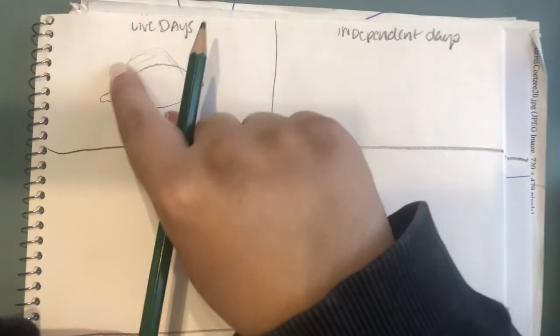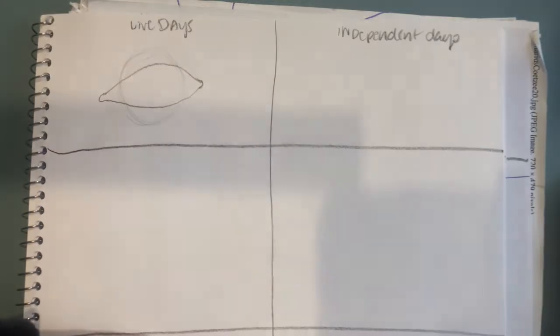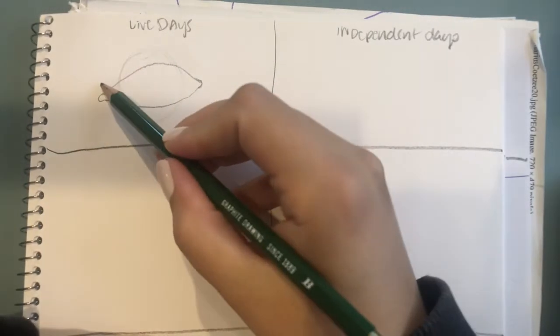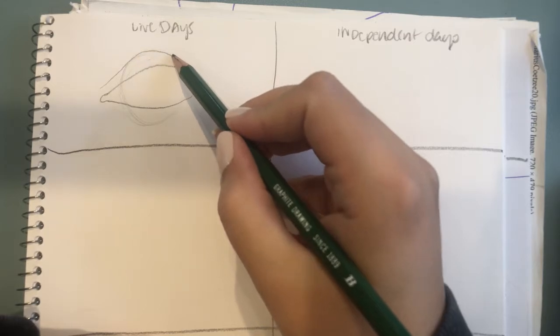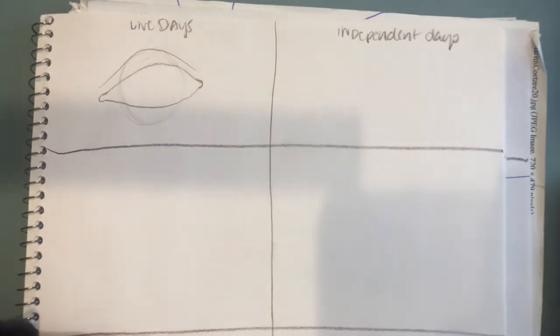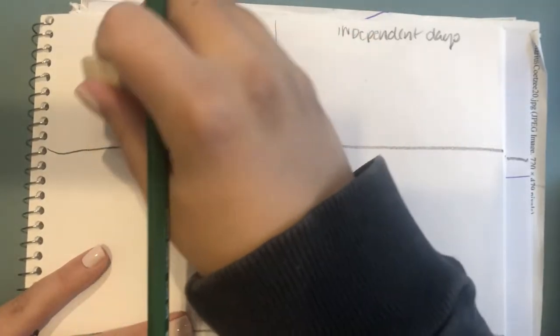Okay, next we're going to do the eyelid fold. So this one does follow that line because it's folding over your eyeball. So you come up, you follow that rounded circle, and then you come down. And at this point, you can erase that circle.